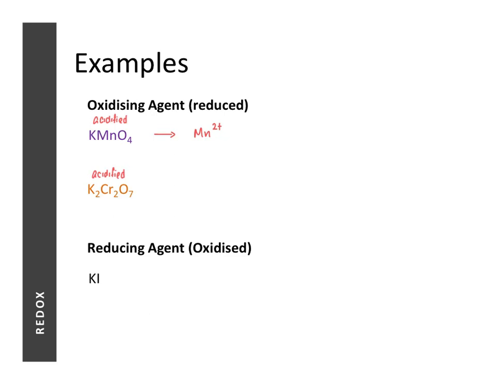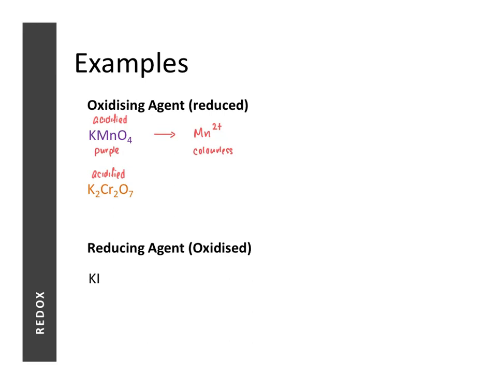What is so special about this reaction is that potassium manganate 7 is purple, a very dark purple color, and manganese 2 ion is actually colorless. So when acidified potassium manganate 7 is reduced, there will be an obvious color change from purple to colorless.